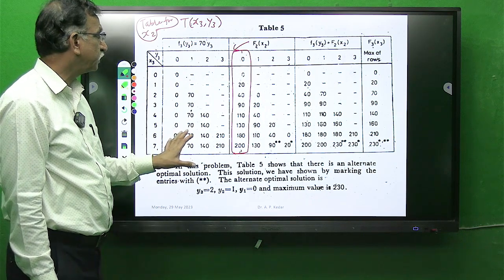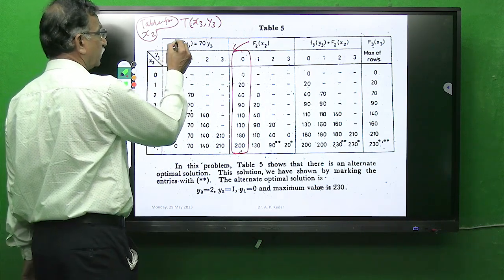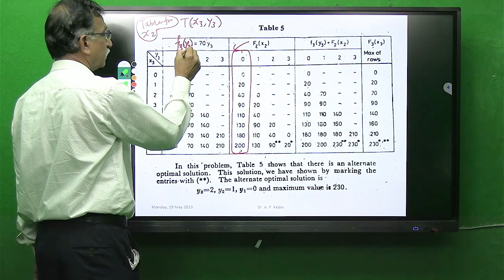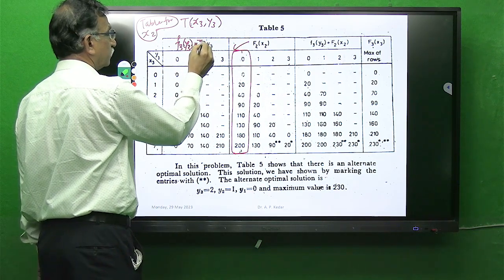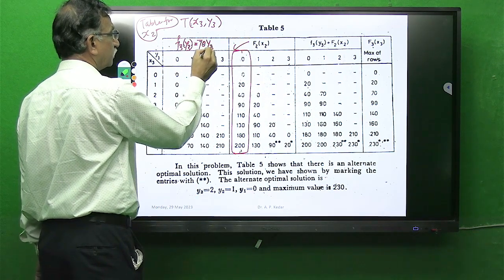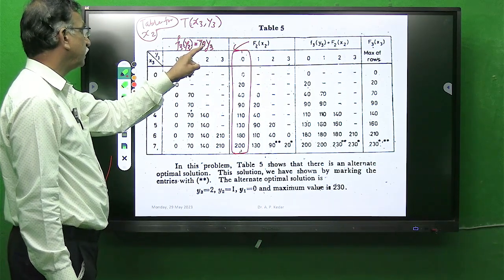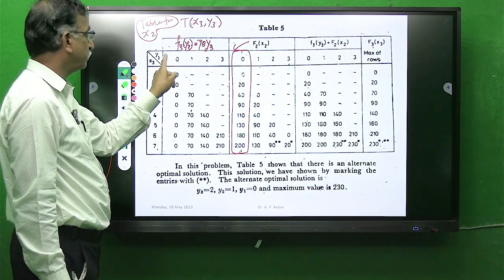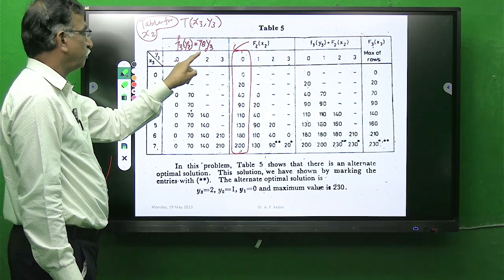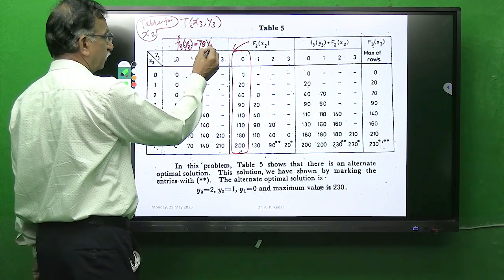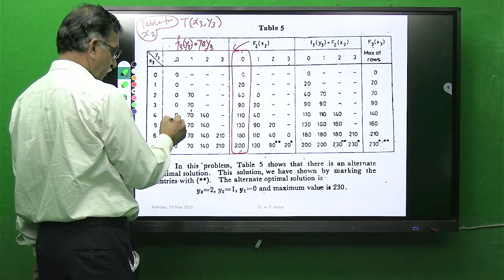Now what we did, again this is current f3 y3, the current decision, where it is equal to 70 y3. So putting y3 values from 0 to 3 and multiplying by 70, by multiplying 70 by 0 we get all values 0.